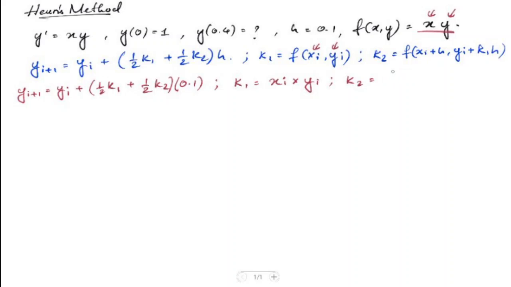And then for k2 we have f of x i plus h, where h is 0.1, comma y i plus k1 times h, which is 0.1.